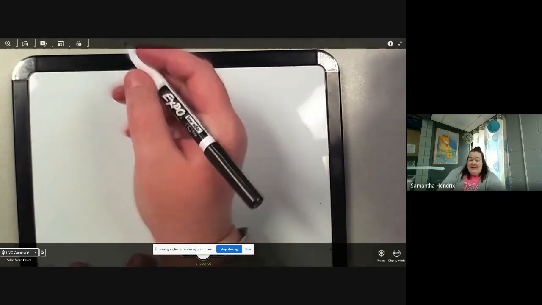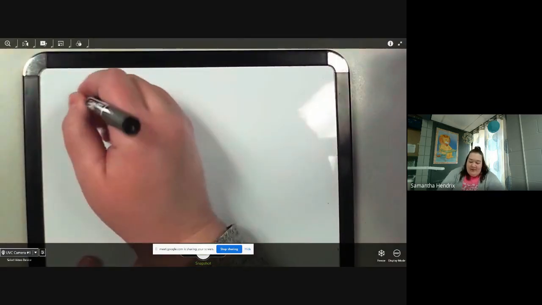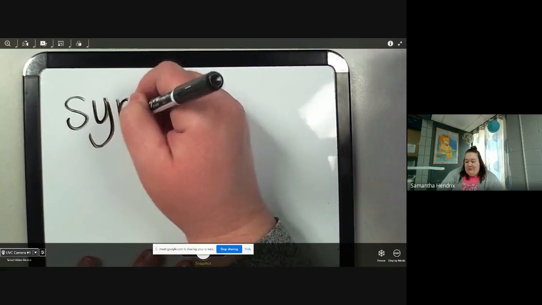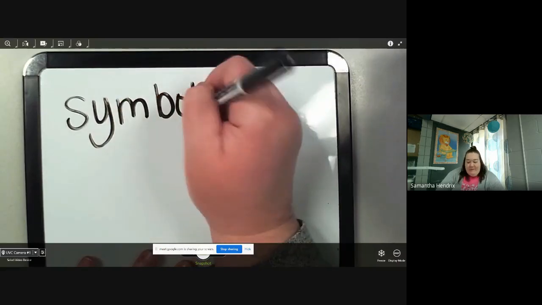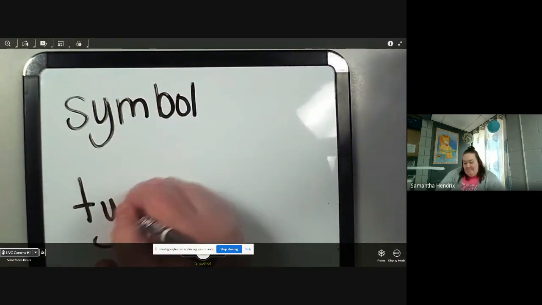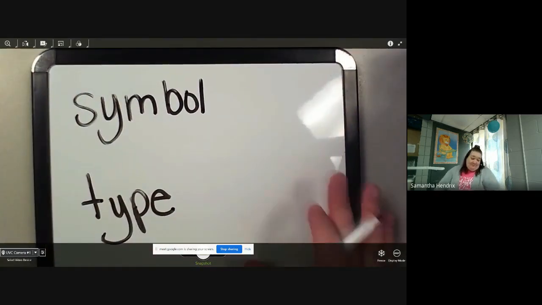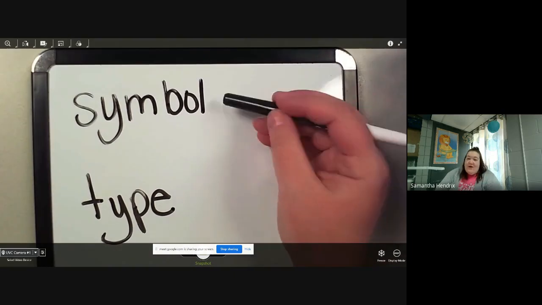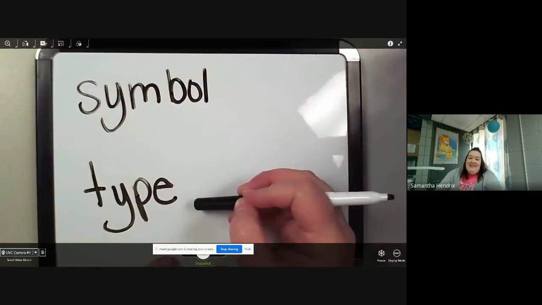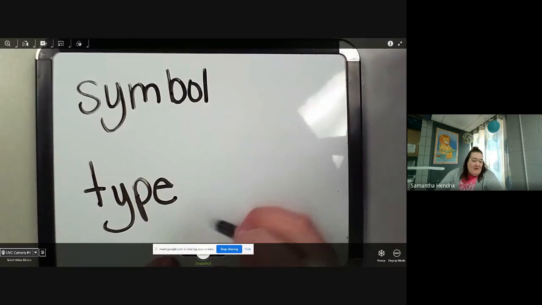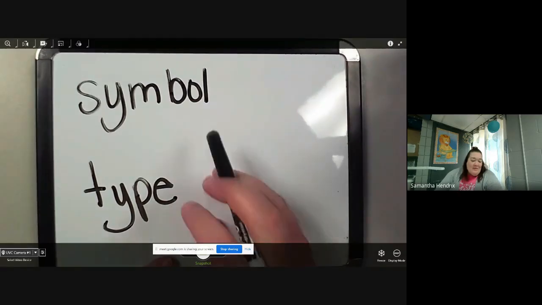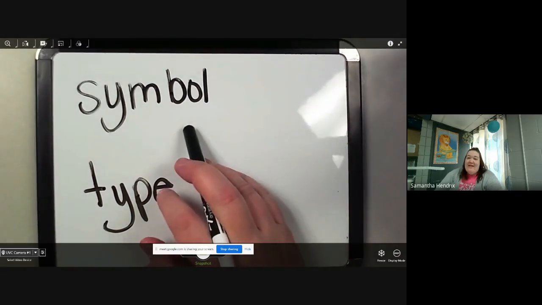So let's look at the medial position. These words are symbol and type. So what does the Y say in the word symbol? Symbol, it says a short I.